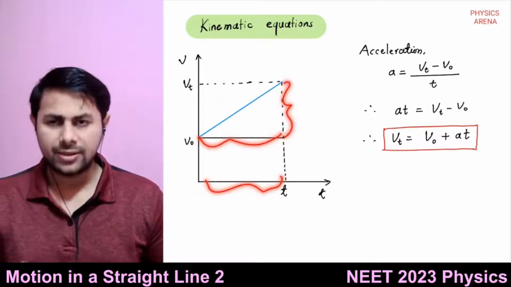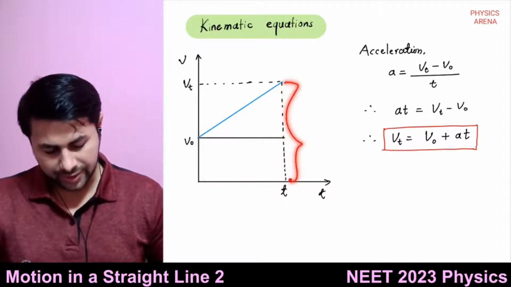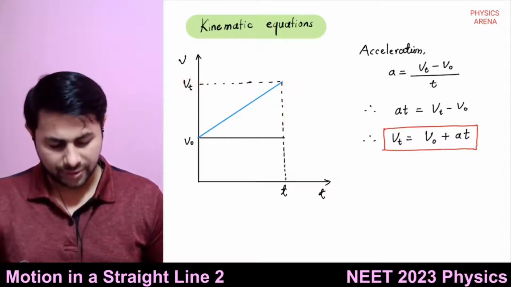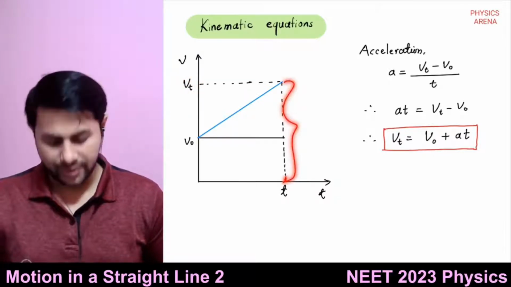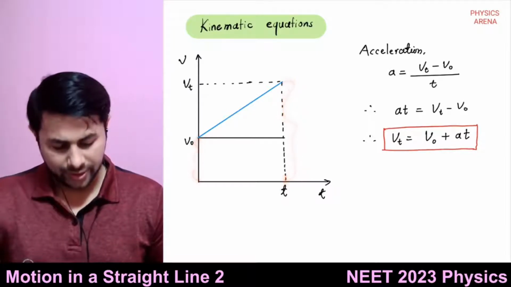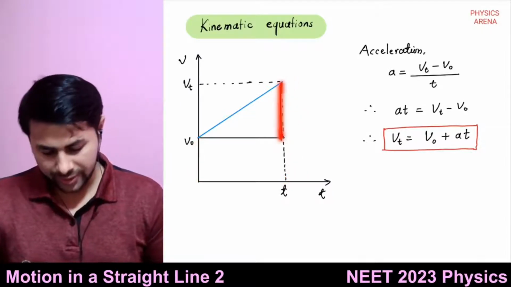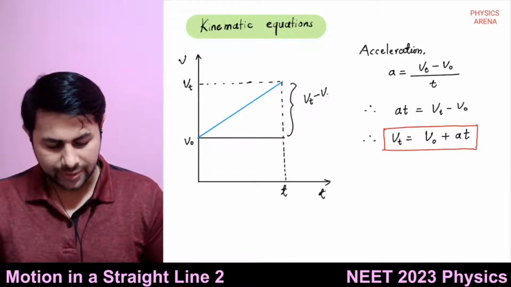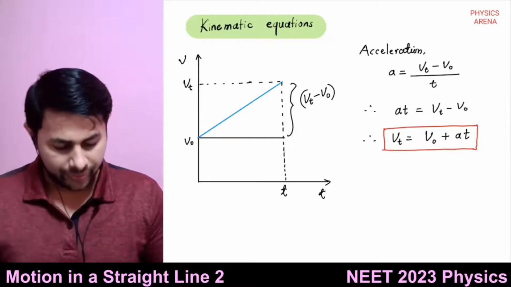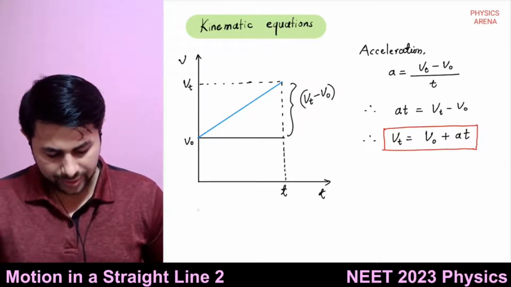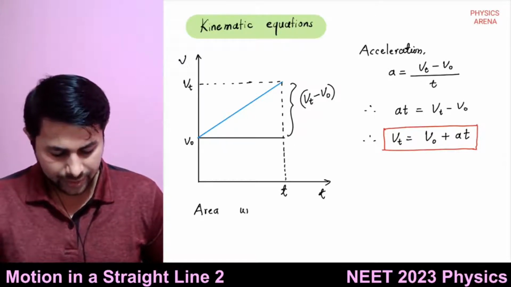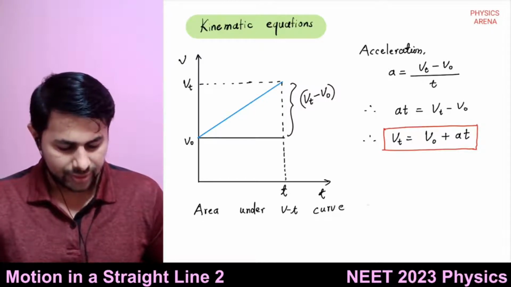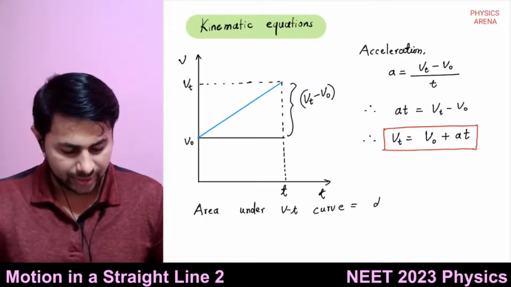How much would be this length? This much length is vt, and this much length is v naught. So we want to find this much length, which is vt minus v naught, right? So we can say the area under the velocity versus time curve gives us what? It is displacement.